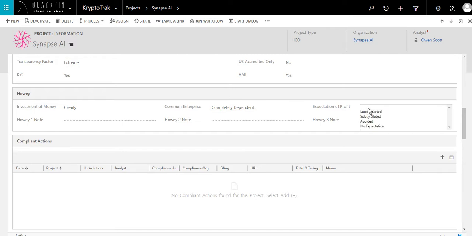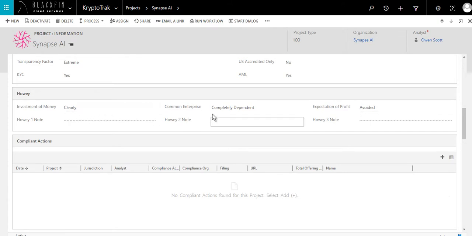Expectation of profit's a good one. In this case, I would actually say it was avoided. And if you know anything about the Howey test, by the way, I'm not a lawyer, and this is not legal advice by any means, but the idea is that there's 3 prongs.